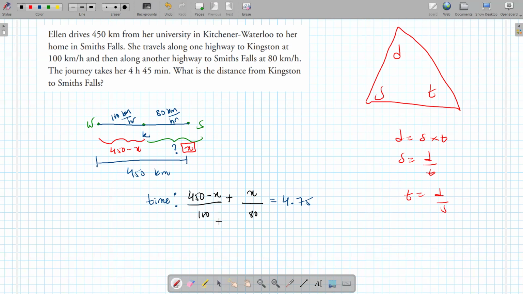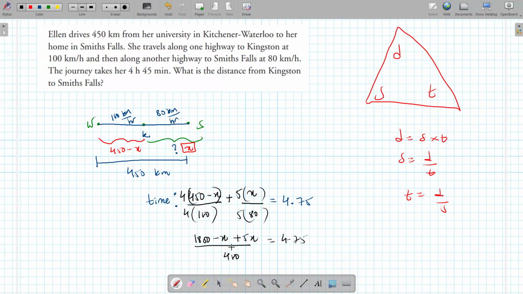So here it would be 400, which means we're going to multiply this by a 4 and multiply this by a 5. Like that. So this is 1800 minus x plus 5x over 400 equals 4.75.